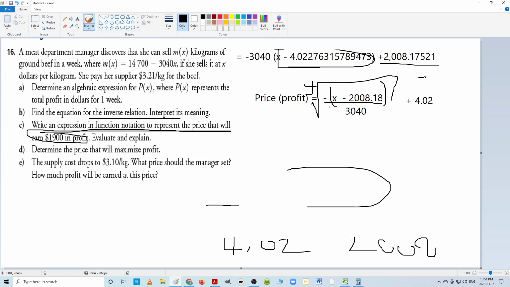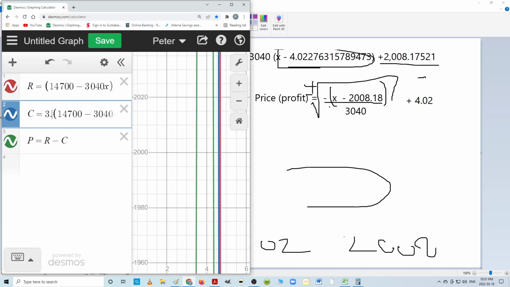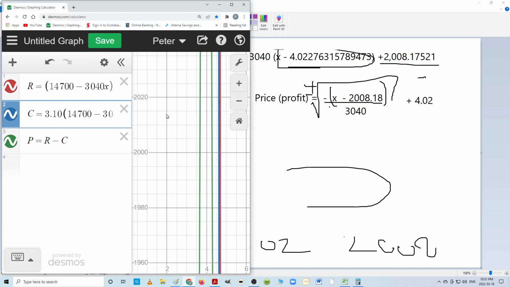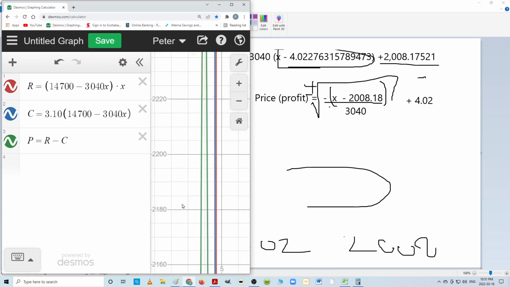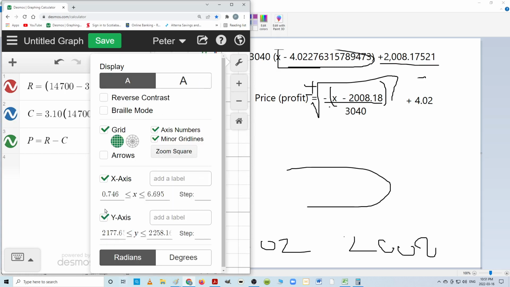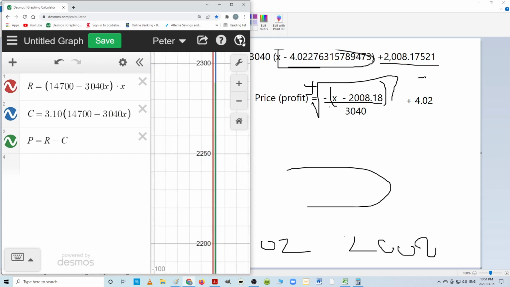What if we change the price to 310? We'll do that right in Desmos. There's 310. That should, since it's a lower cost, raise my profit. That didn't help.